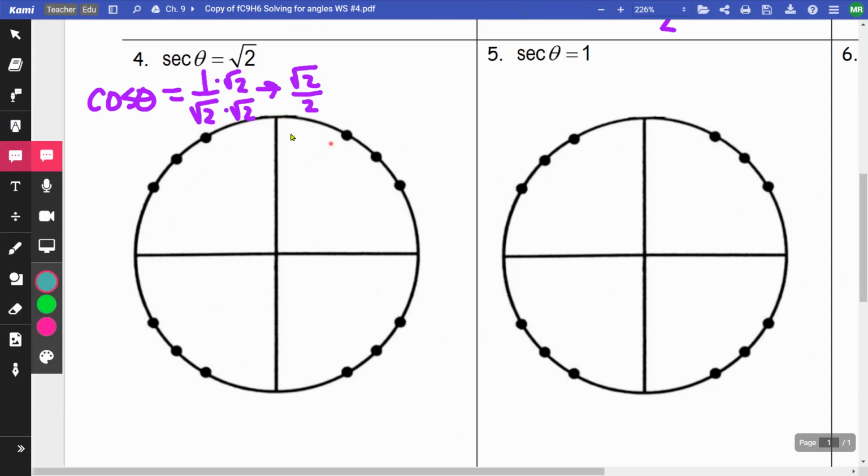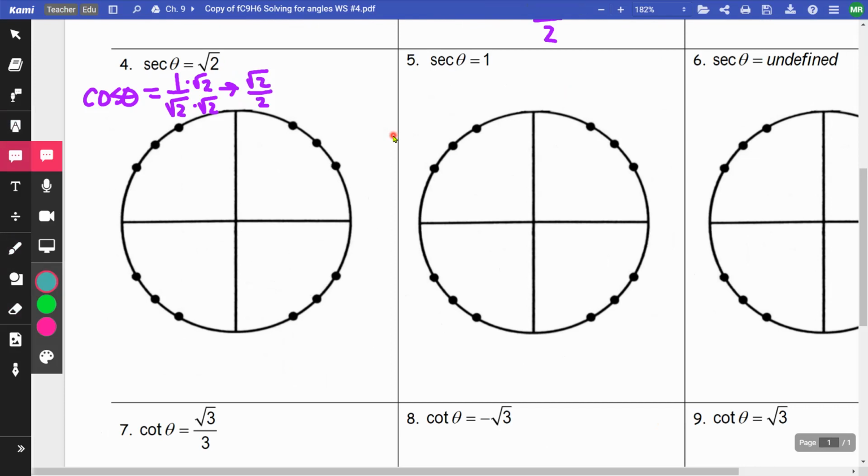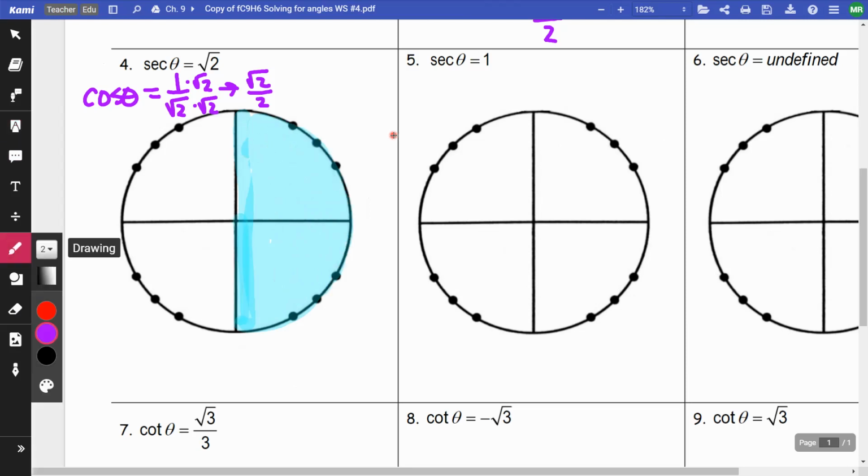Okay, quadrants 1 and 4. So I'm going to be here in these sections. Now my root 2 halves is my pi fourths. So this is going to be here at pi fourths, and down here at 7 pi fourths.